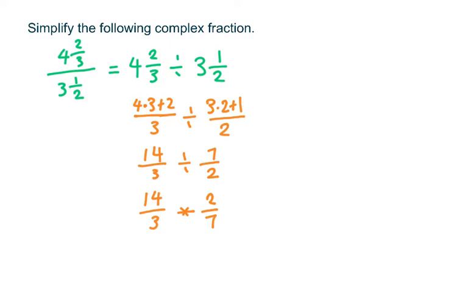So in this case, we can reduce 14 over 7 to 2 over 1. And then we multiply 2 by 2, which is 4, and we multiply 3 by 1, which is 3. And since you need to simplify this complex fraction as a simple fraction that has integers as the numerator and denominator, 4 over 3 would be the final answer.